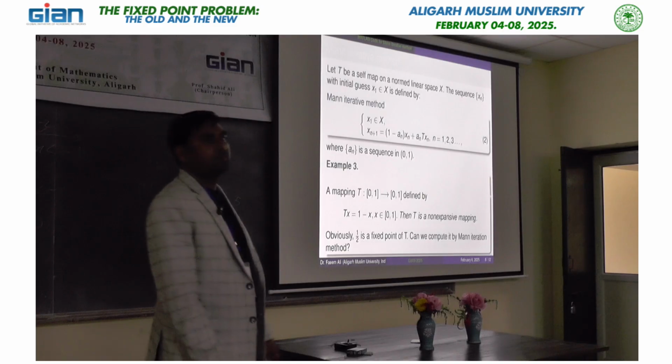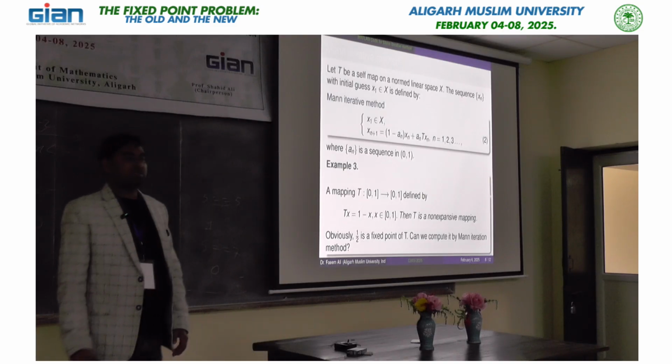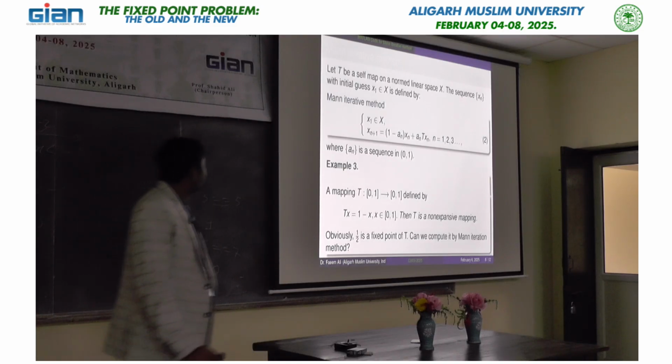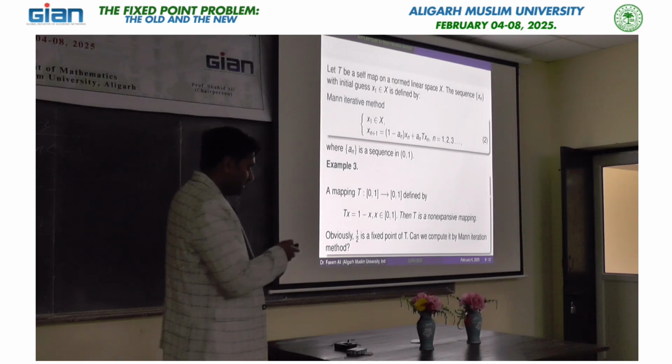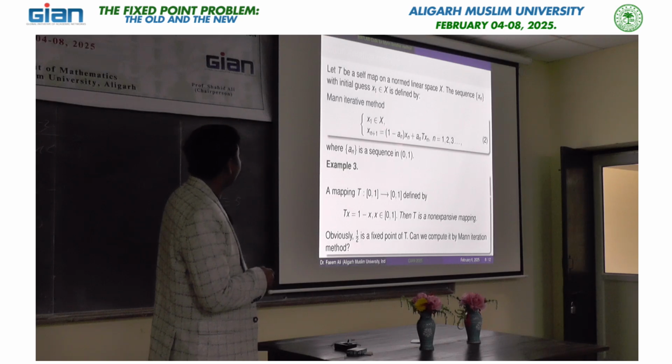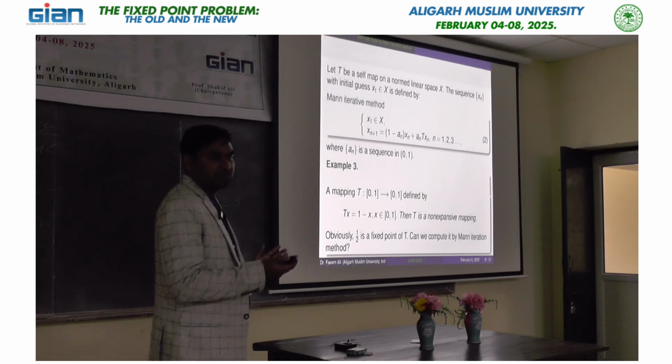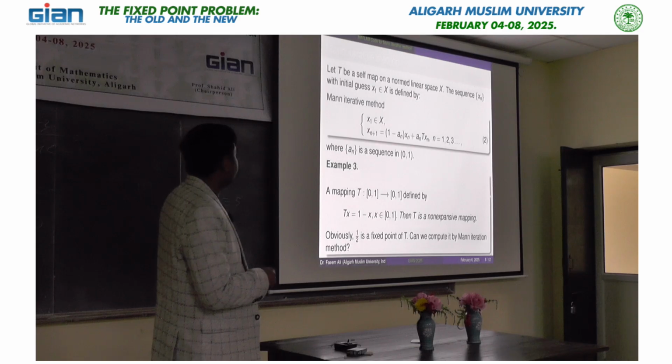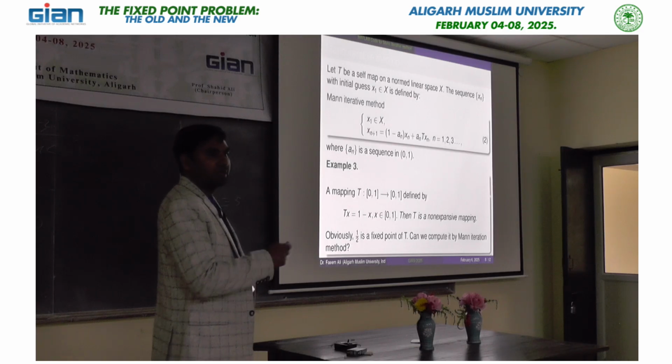After that, the Mann iterative algorithm came into the literature in 1953. Here the Mann iterative process is defined in this way. It is just a convex combination of x_n and its image, where a_n is any control sequence that controls the convergence.